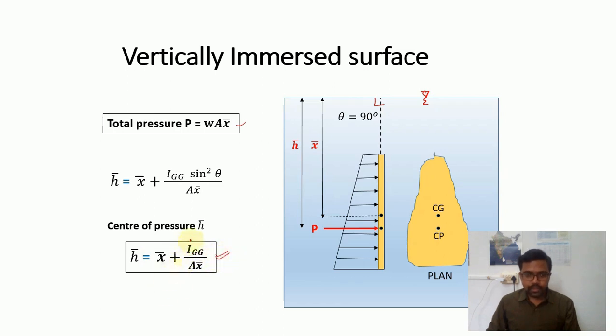This is the center of pressure equation for a vertically immersed plane surface. Once you know these equations, you can easily find the total pressure and the center of pressure on any liquid surface.